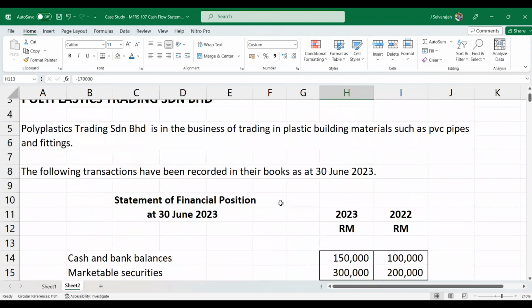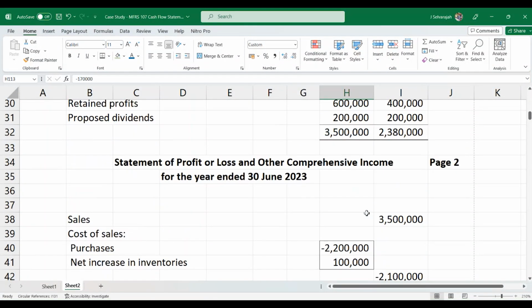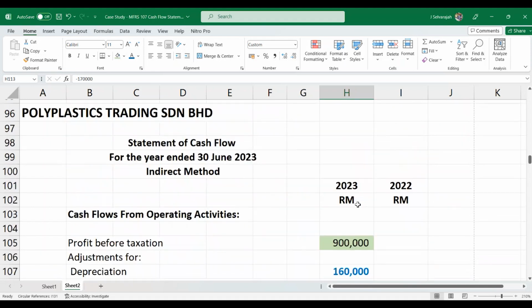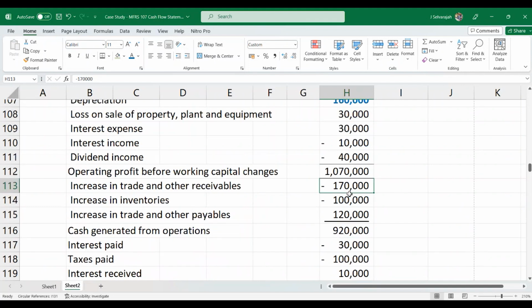So all you need to do here is on the balance sheet, you compare the two. So you see inventory has gone up and this trade receivable together have gone up. You just compare the two, and that's where the figures are coming from. It's not rocket science. Okay. So then you have the increase in trade and inventories, increase in trade and other receivable, and increase in trade payables. All this come from the balance sheet.